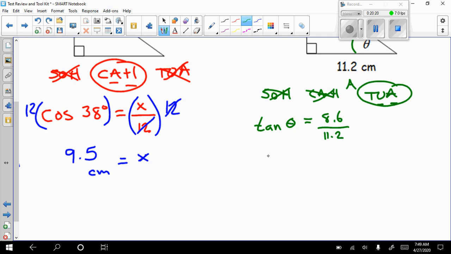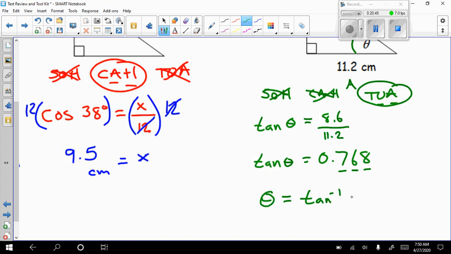So tan of theta, and I'm going to divide, 8.6 divided by 11.2, and I get 0.76785. I'm going to go to 3 decimals, 0.768. And then to get the actual angle, I have to do that inverse function.